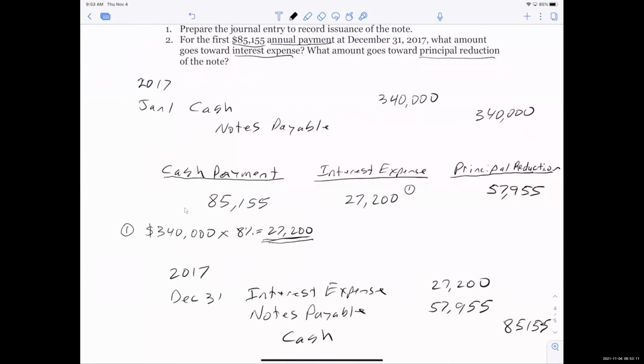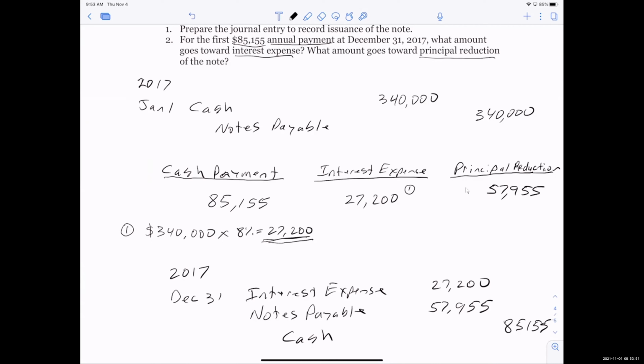You have to have a schedule. Our cash payment is given, $85,155. That payment has to first pay off your interest, and whatever's left over will reduce your principal. What's really interesting is I have a mortgage on my house, and I'm trying to get my house paid off within 10 years.